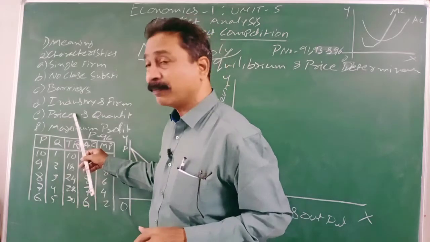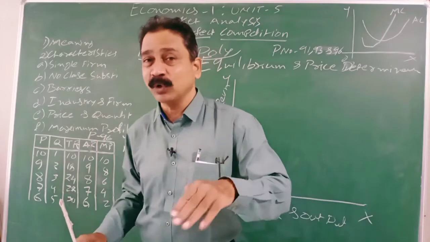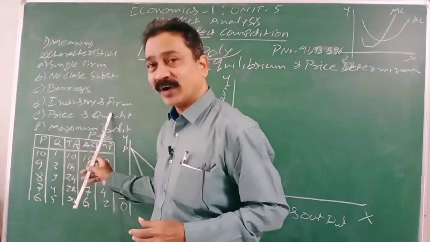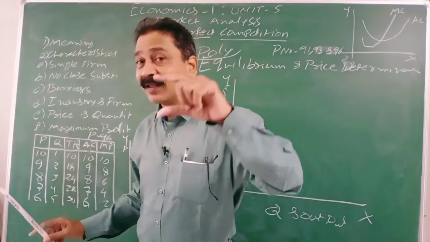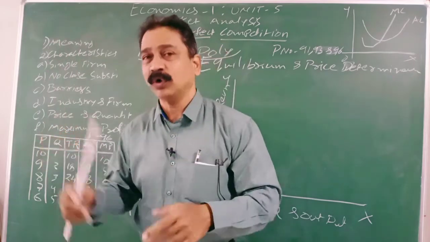If he keeps the price low, then he keeps the quantity production high, because when price is low, demand will be more. So if he decides quantity, then the market decides price, because higher supply pressurizes the prices to go down.